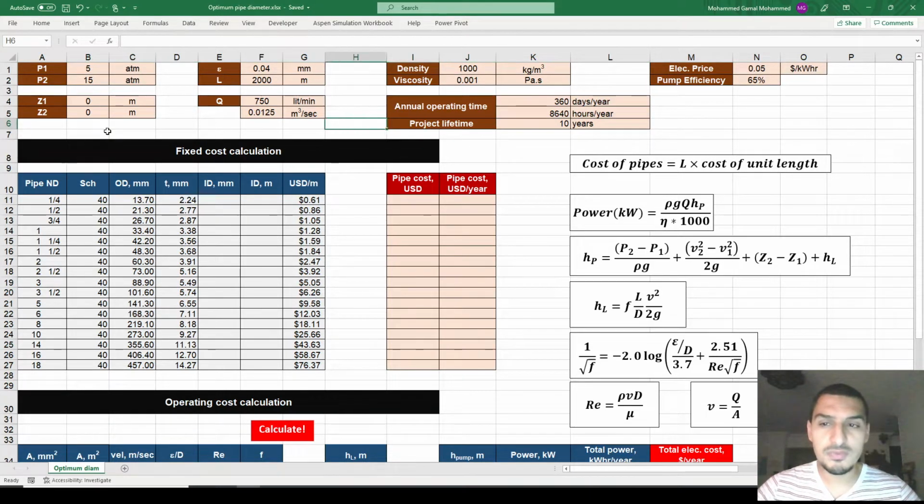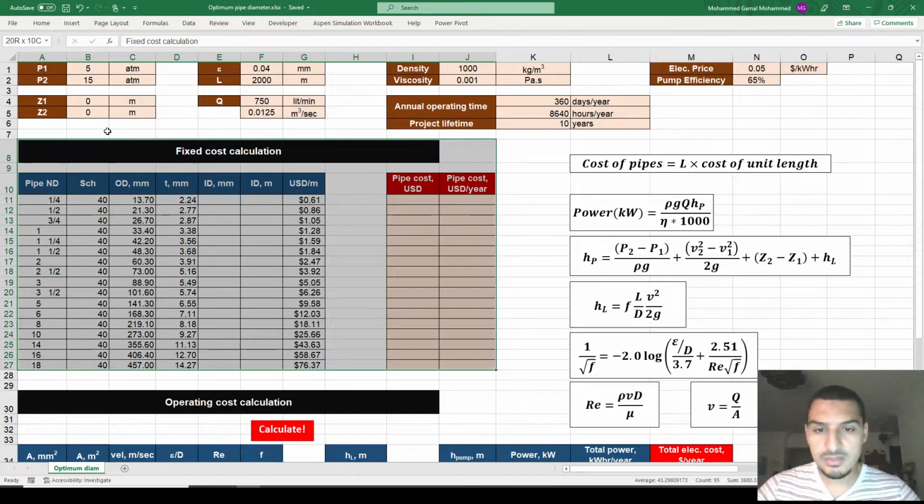So this is the first part, which is the available information about the project and the operating conditions. This part is related to the calculation of the fixed cost of the pipes, which I consider as the only source of the fixed cost.